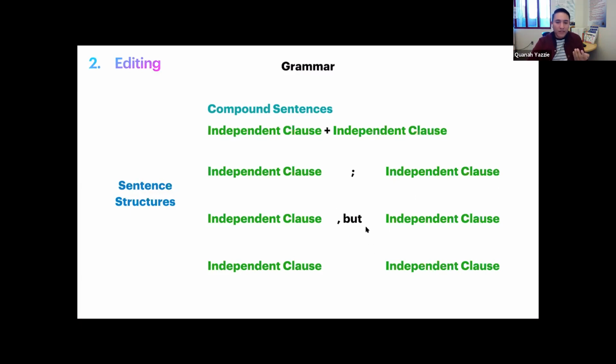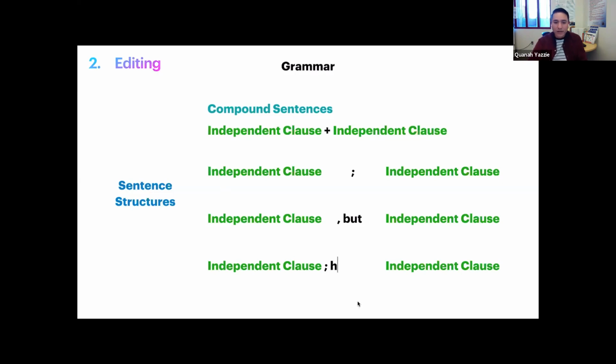If you want to look at a list of coordinating conjunctions, you can. I'll go ahead and put that in the chat right now, so you can jot down the phrase "coordinating conjunction" and research that on your own.